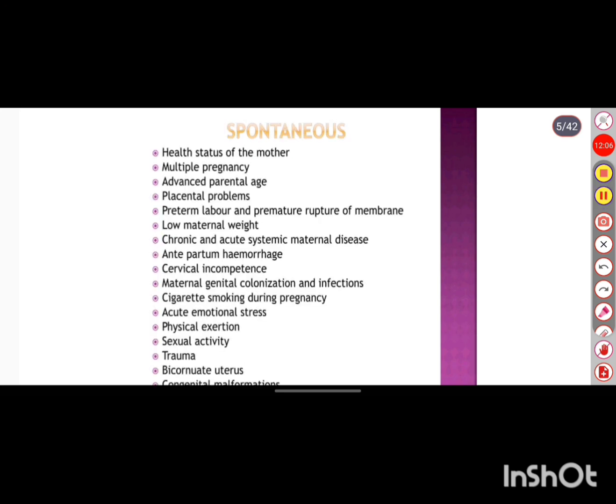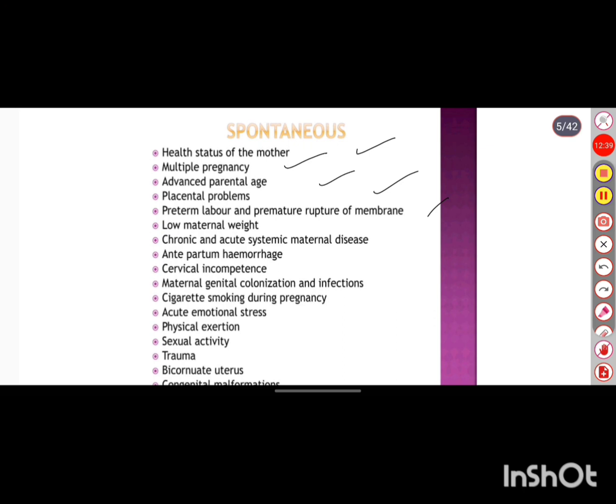Sometimes delivery occurs spontaneously in preterm itself before the completion of the term. Maybe it is because of the following reasons: multiple pregnancy, a very weak health status of the mother, advanced parental age, some problems related to the placenta, preterm labor or premature rupture of membranes, where the pain starts very prematurely and the membranes also rupture early.